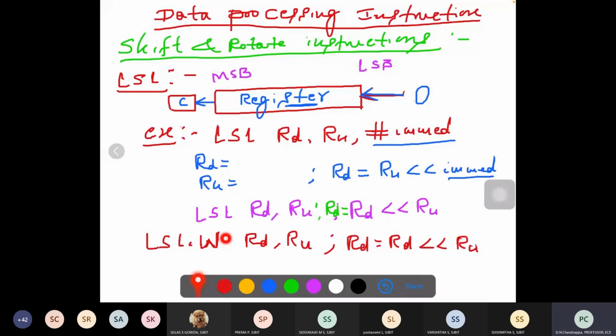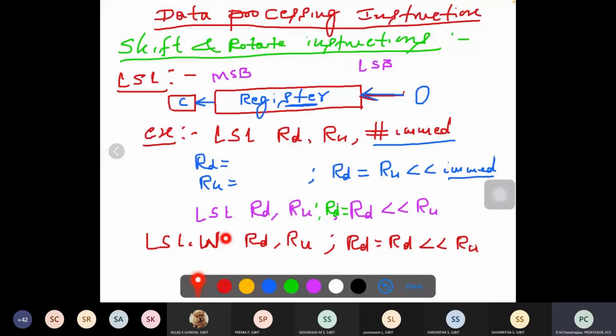Everything will be similar in this mode also. We only change to LSL.W. Flags are unchanged. Because in some instructions, some flags are affected, maybe the carry flag, zero flag, negative flag, parity, auxiliary carry, some kind of flags are affected when they execute these instructions.